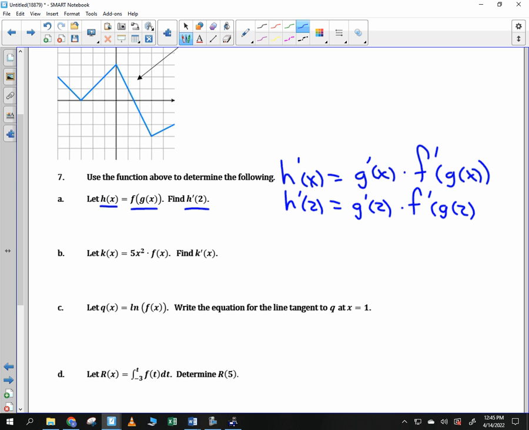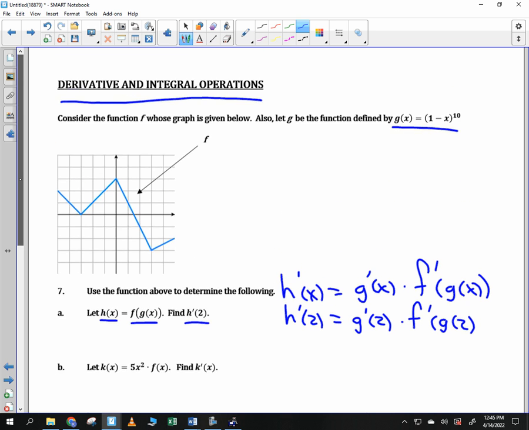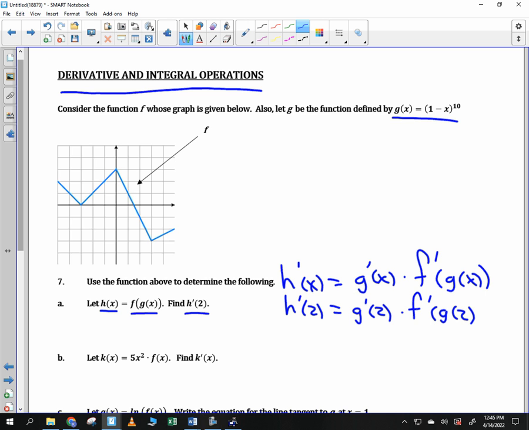So we got a couple things to think out here, okay? First of all, we got to find g prime. How do I find the derivative of that? No problem setting up the boxes there, right? The outside, u to the 10th, inside. Derivative of u to the 10th.